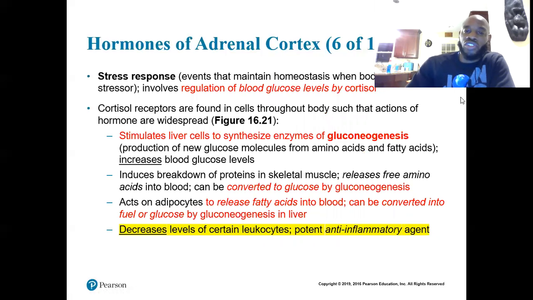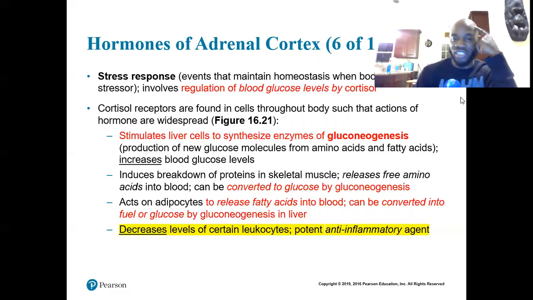All right, so stress response. These are events that maintain homeostasis when the body is faced with a stressor. So your body's stressed, and you release this cortisol, and what happens?